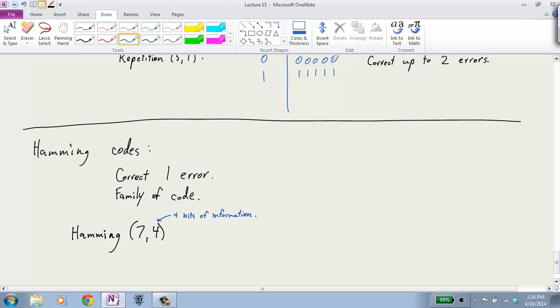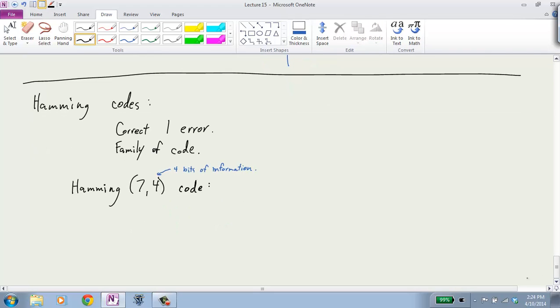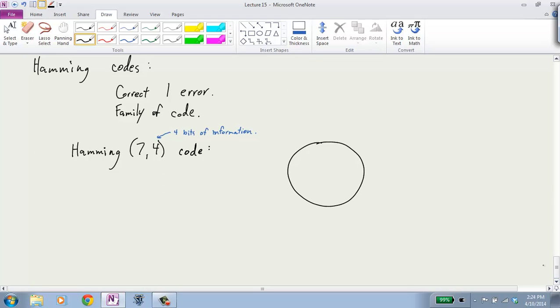Now the fun thing about the 7-4 Hamming code is that rather than writing its mathematical description, you can describe it very easily with a picture. Let's draw 3 circles here. There are 7 locations within these 3 circles.